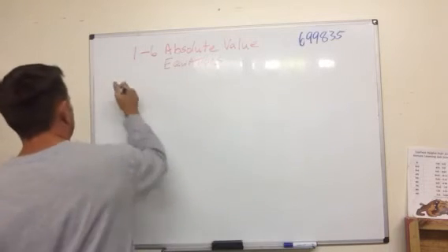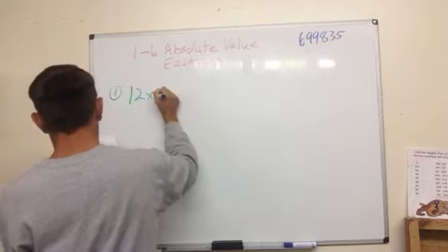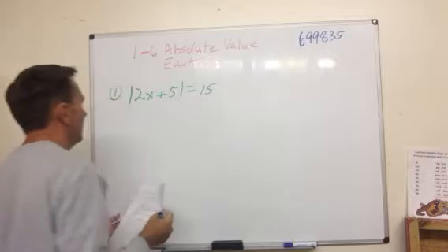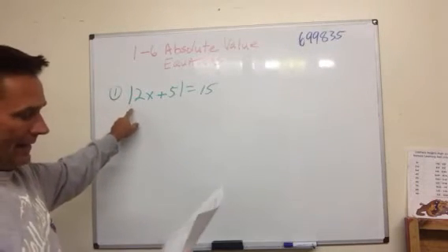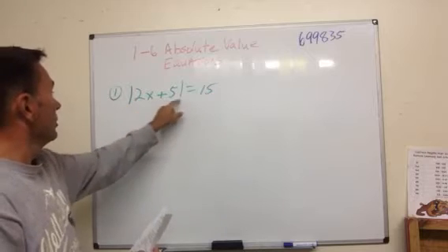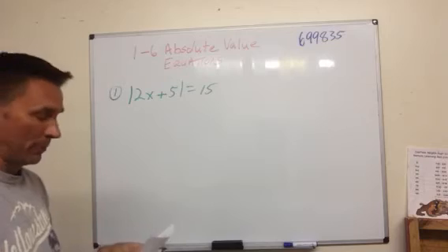So number 1, we have the absolute value of 2x plus 5 equals 15. Part D says always isolate the absolute value first. This is all by itself. There's nothing being added or subtracted, nothing being multiplied.